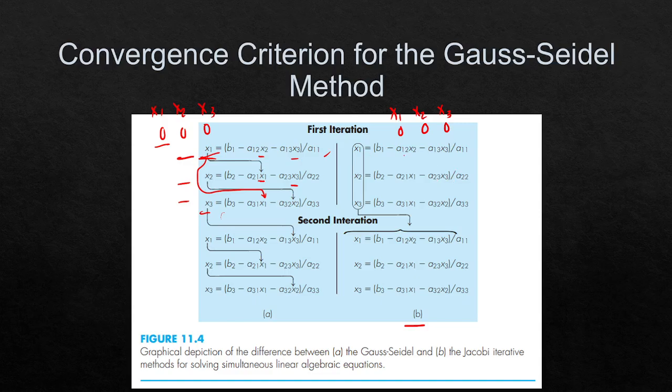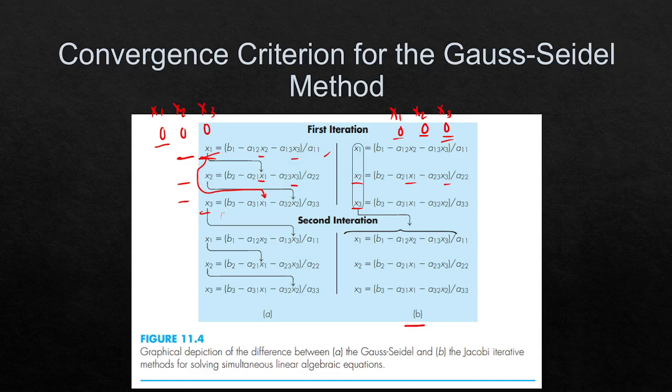For x1, you will employ the initial values for x2 and x3. For x2, again, you will be using the initial values, so we will not update the values. For x3, again using x1 and x2, which are zeros. And then you update those values in the second iteration. That's the difference between the two.